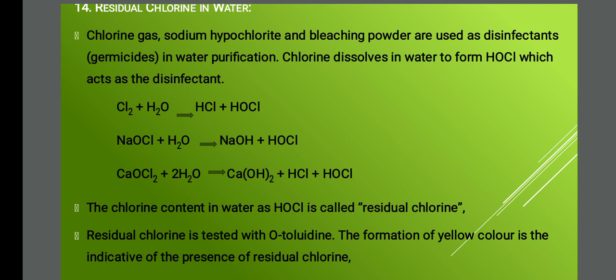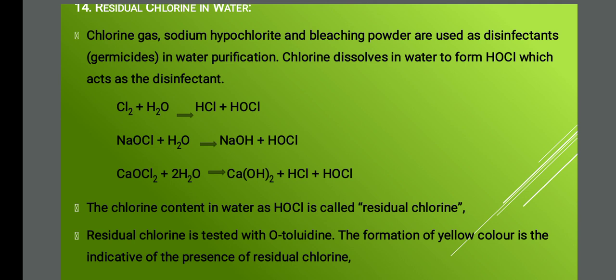Chlorine gas, sodium hypochlorite and bleaching powder are used as disinfectants in water purification. As you do this, chlorine dissolves in water and forms hypochlorous acid, which acts as a disinfectant. So you add chlorine to water, and it gives hydrochloric acid plus hypochlorous acid.